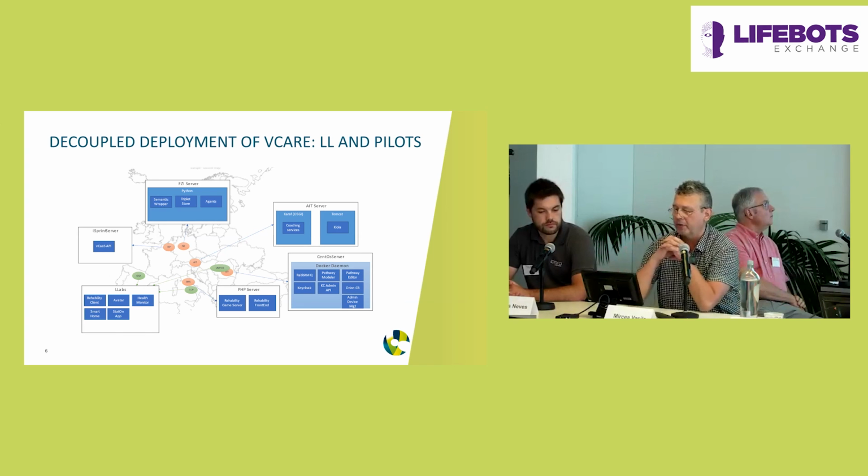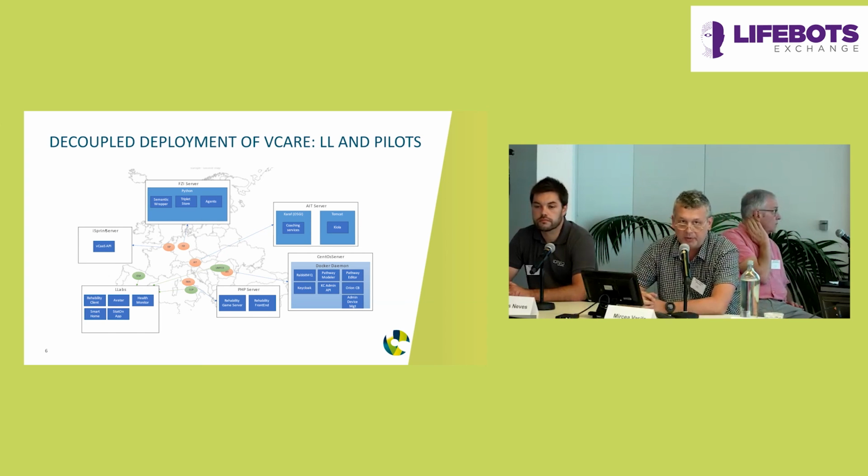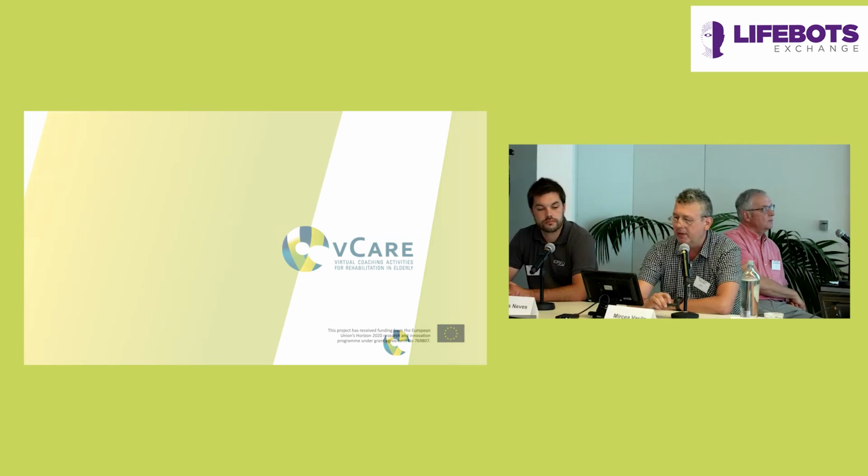So as I said, most of the components are integrated with Keycloak and RabbitMQ on our server in Bucharest, with some pieces of software running also in Austria and in Italy. I think I'm done.